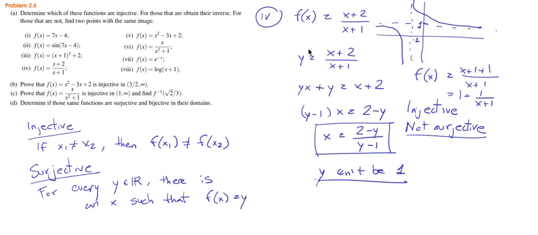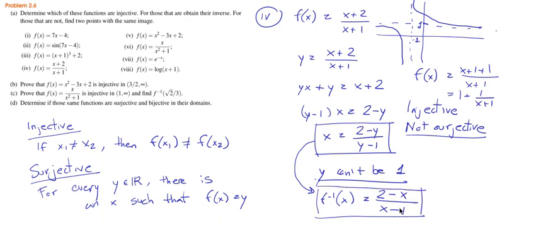And I just realized that the question asks us to find the inverse of a function. So for both those functions that we have done, this is the inverse actually. If we write it like this, you can write f of minus 1 of x is (2 minus x) over (x minus 1). You just need to change the names of the variables.